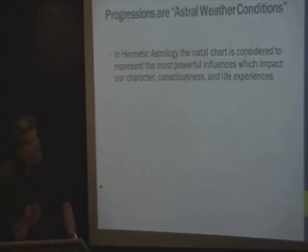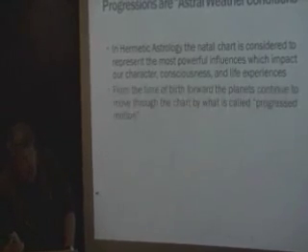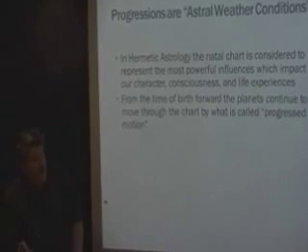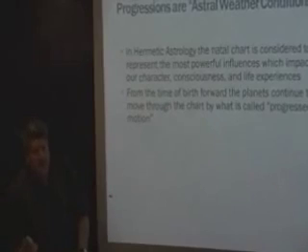So in Hermetic astrology, the natal chart represents the most powerful influences which impact our character, our consciousness, and determine our life experiences. What progressions are is from the time of birth forward, planets continue to move.